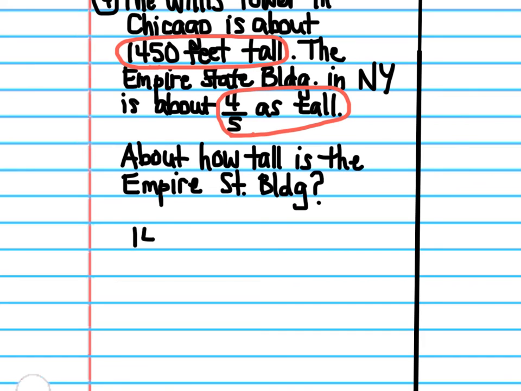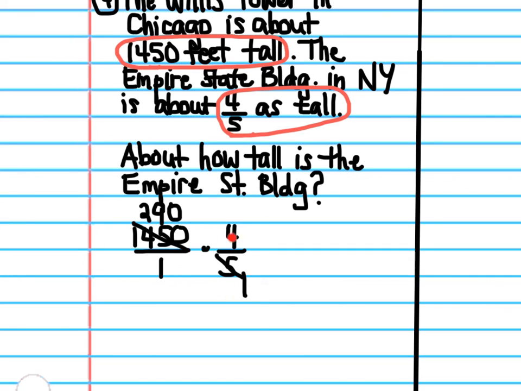I take 1450, make it a fraction by putting it over 1, and multiply it by 4/5. If you look diagonally, you can cross cancel. We make the 5 a 1, and 1450 divided by 5 is 290. Now we're done cross canceling because we have 1s on the bottom.